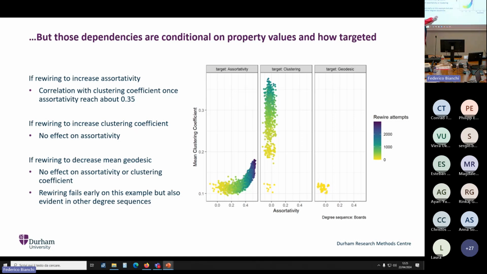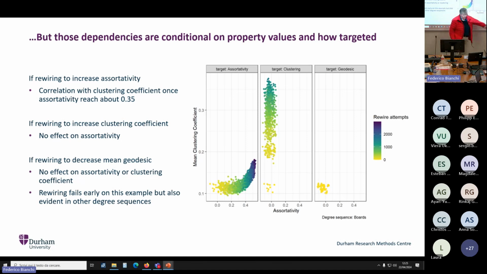Here we've been pushing assortativity up, and we don't start to get a relationship with clustering coefficient until we're in quite high values of assortativity, at 0.4. If we push clustering coefficient, we never get that relationship between assortativity and clustering.